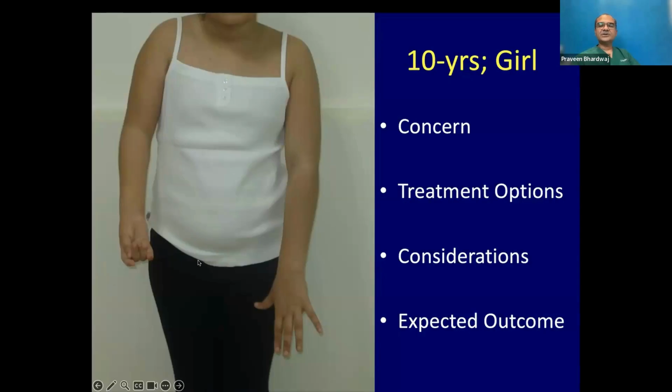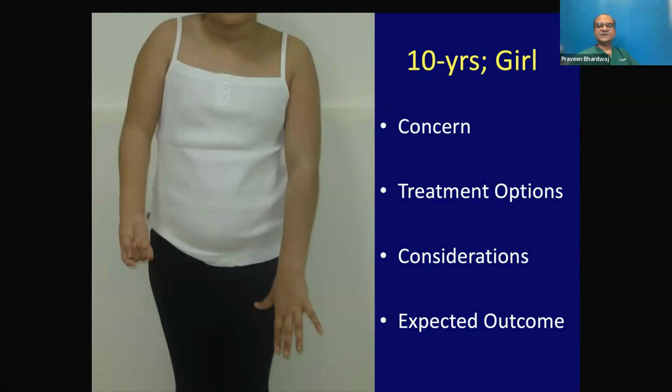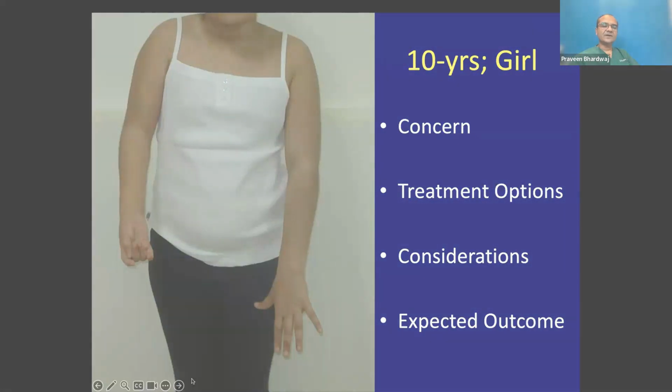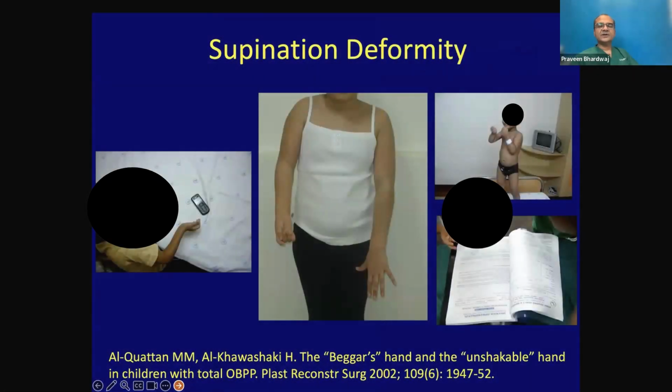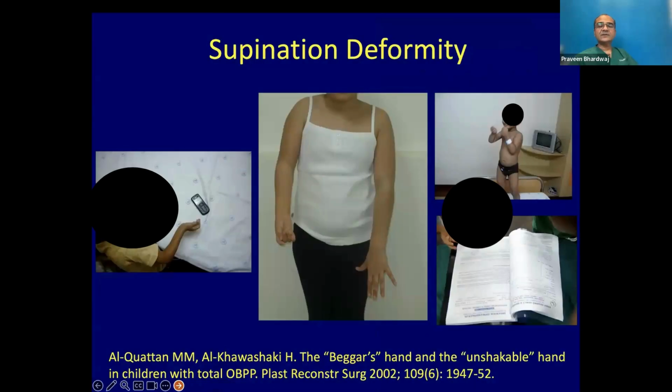So when we see a patient like this, there are a few important treatment and assessment considerations which we should think of. When a patient has a supination deformity, first of all, it gives a very poor appearance to the hand, which has been termed as a beggar's hand or an unshakable hand in some articles.